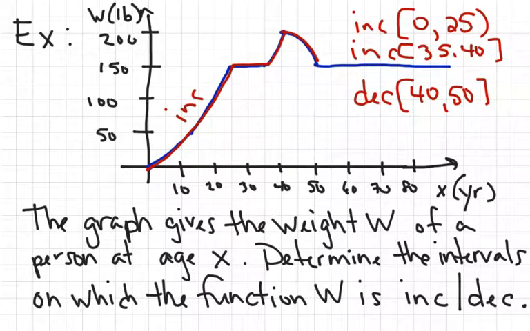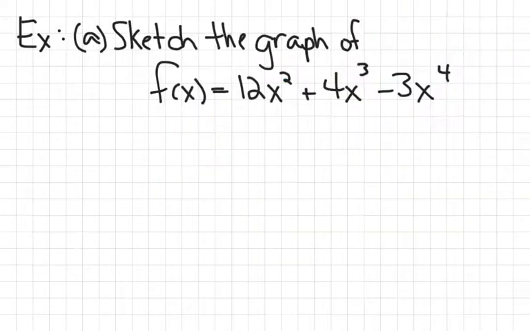And then from 50 on out, it remains constant. So the only intervals of increasing, decreasing that I have are from 0 to 25, it increases, from 35 to 40, it increases, and from 40 to 50, it decreases.